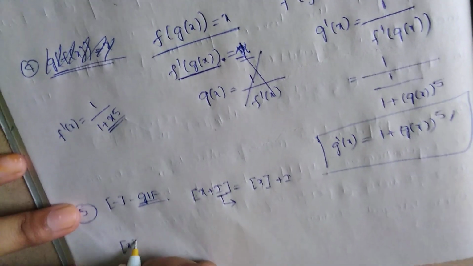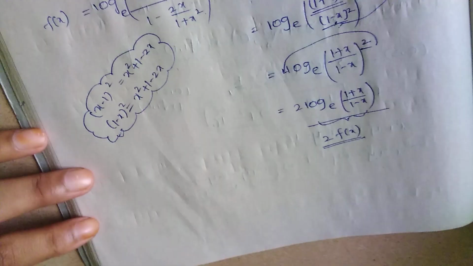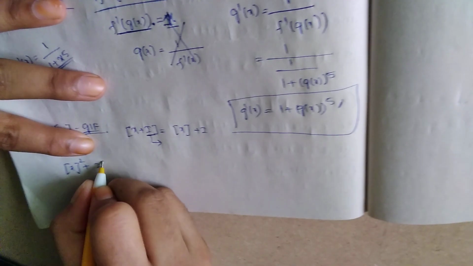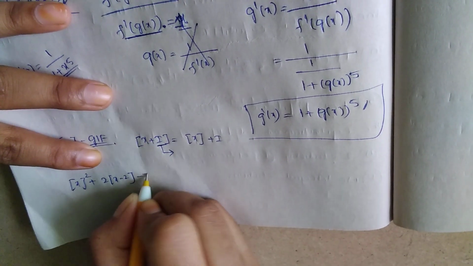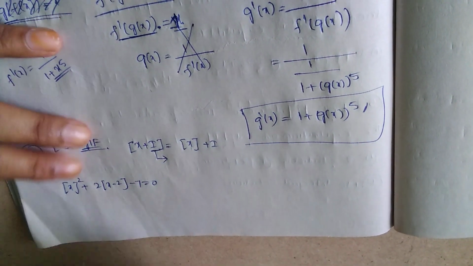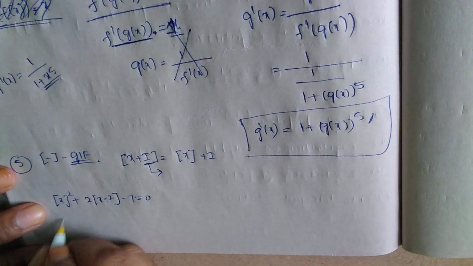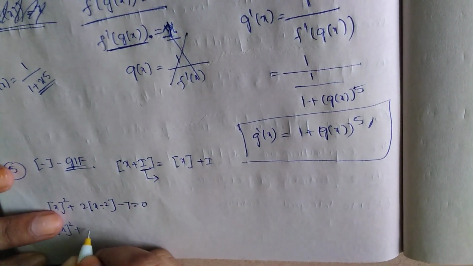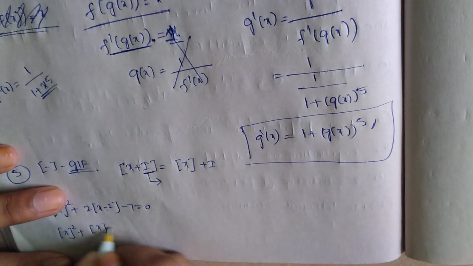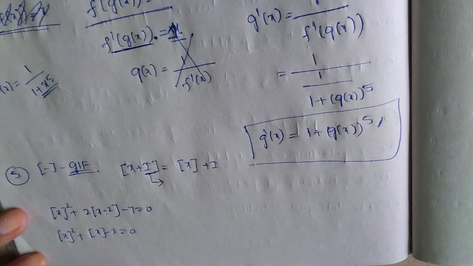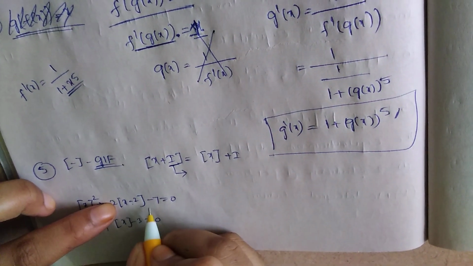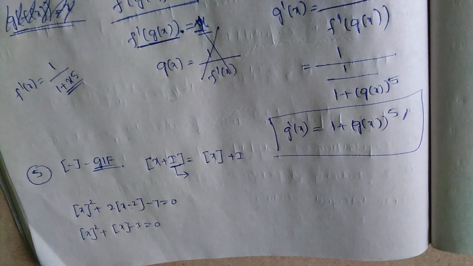So what is the equation given for us? Plus 2 box of x minus 2 minus 7 is equal to 0. We can take this minus 2 common. What do you get? Square plus minus 3 is equal to 0. Why? 4 minus 7 is minus 3 only.